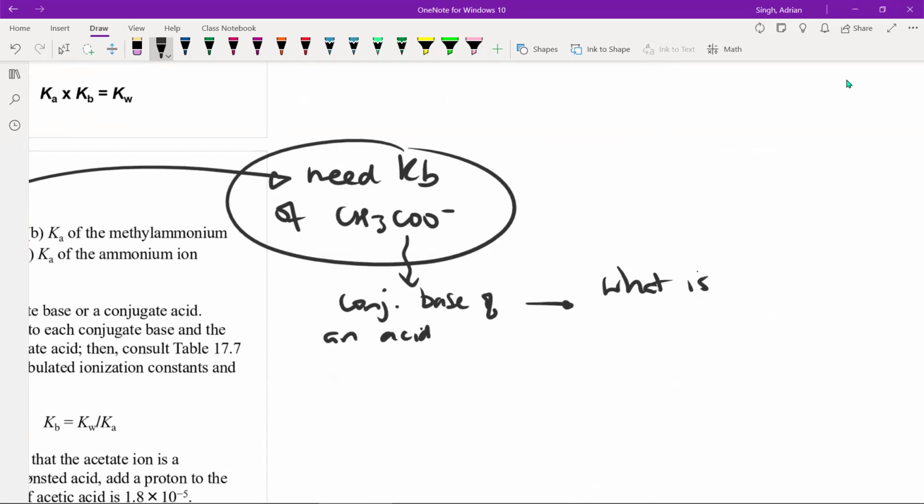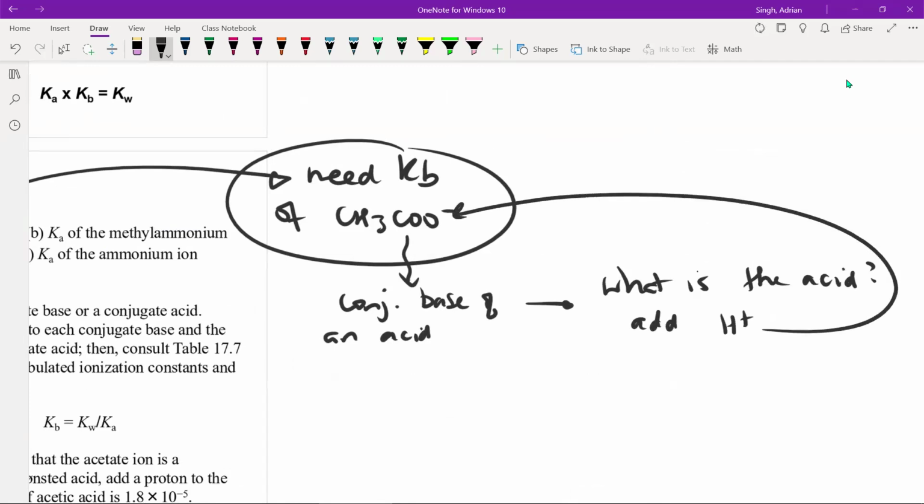So what is the acid? Well, to find the conjugate acid, we just add an H plus onto this, and then obviously we're going to end up with CH3COOH. That's your acetic acid.